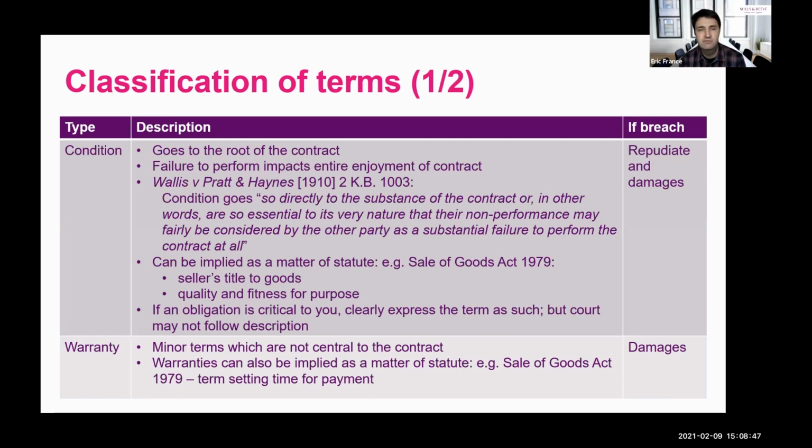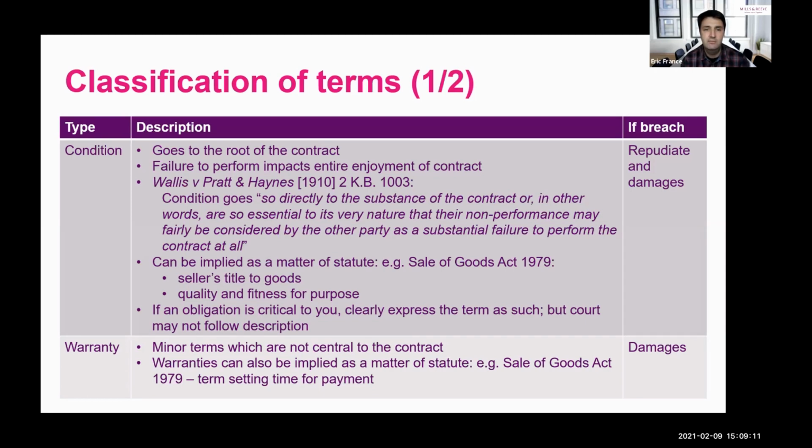So very confusingly, warranties and conditions basically have the opposite meaning in insurance law than they do in the rest of contract law. The emergence of innominate terms, which Mark's already mentioned, has actually meant that in reality, very few terms are treated as warranties.